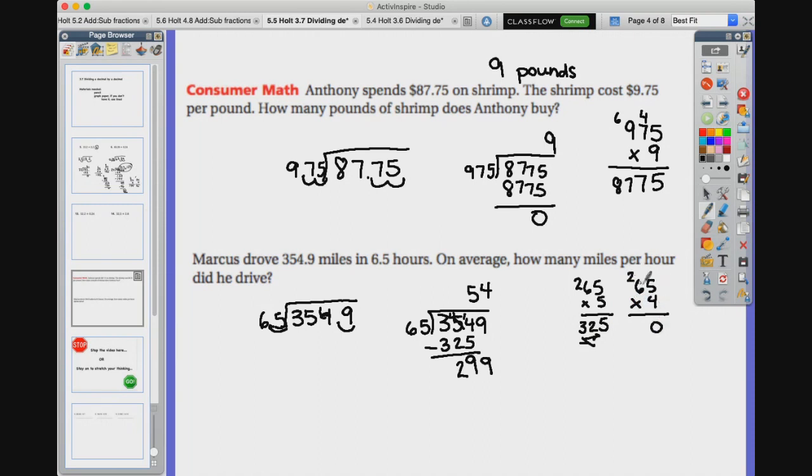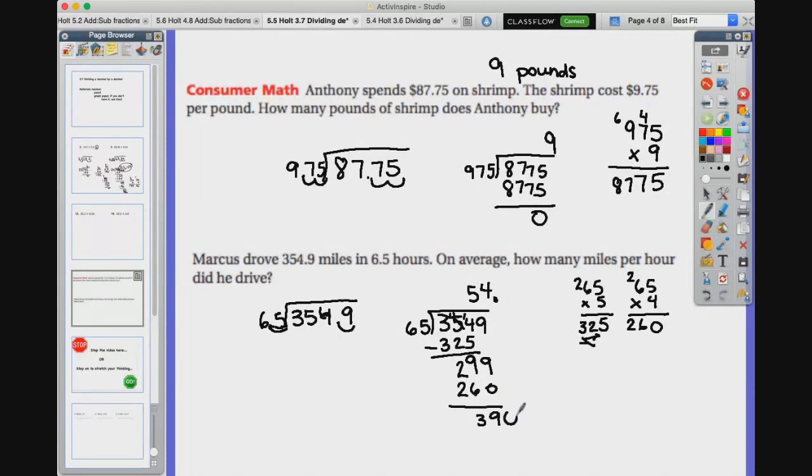So 5 times 4 is 20. 6 times 4 is 24. Plus 2 is 26. So I have 260. What do I have left over? 39. Now, I need to put a decimal back in because I cannot have a remainder of 39.